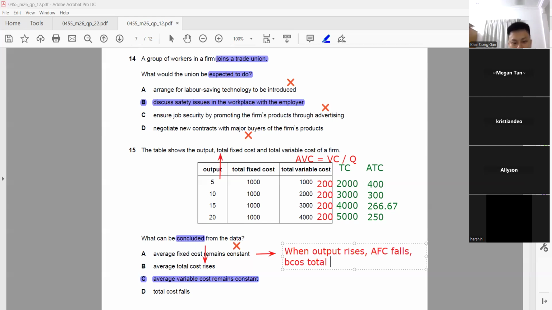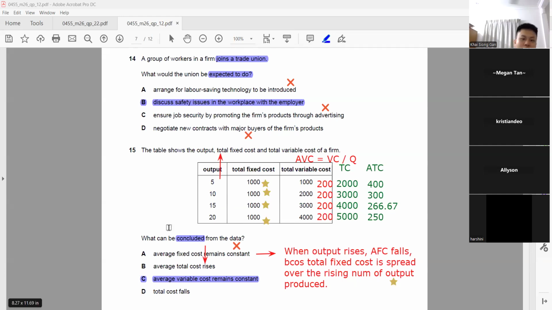Because total fixed cost is spread over the rising number of output produced. Yeah, because the fixed cost is fixed, so when you produce more output, it will be spread over the rising number of output produced. So A is surely wrong because when you produce more, AFC will fall.